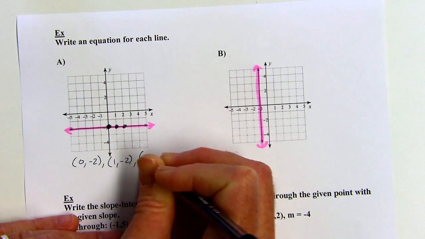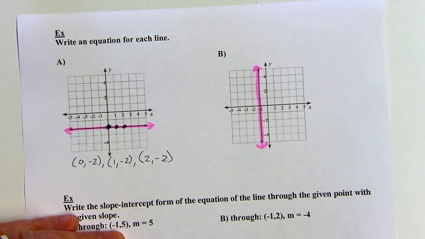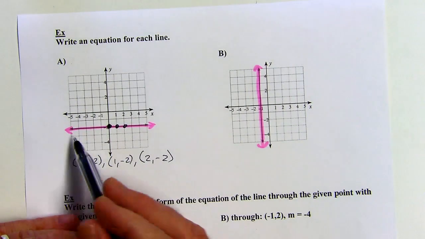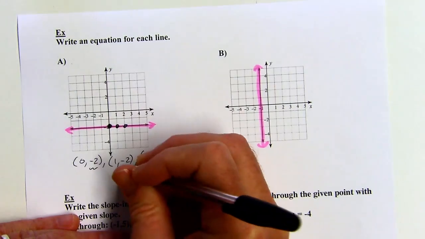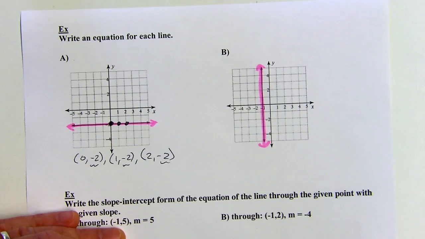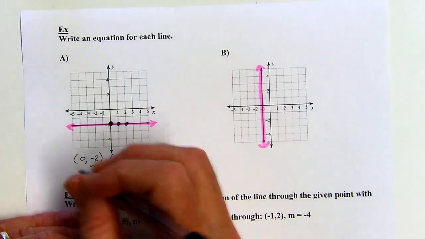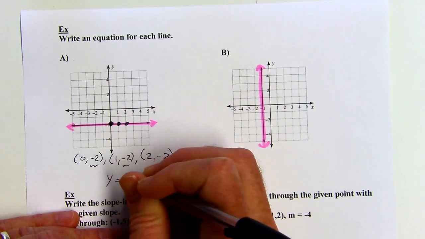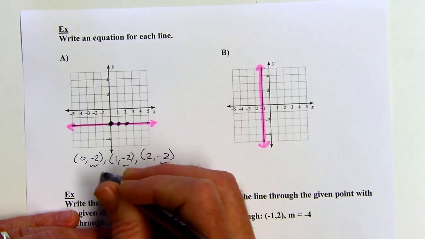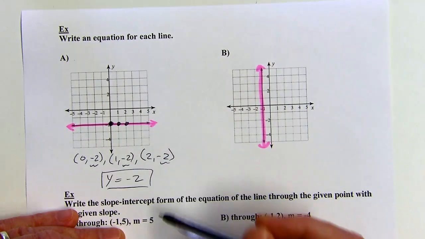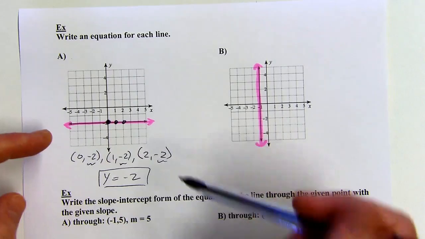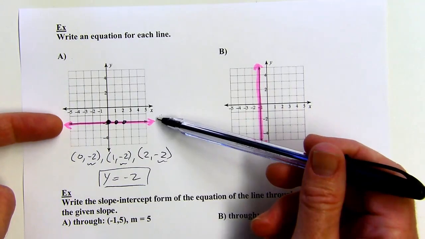I've got 2, -2. And then when you look at what all these points have in common, and any point on this line would have in common, the y's equal -2. Okay? And that means this is the equation y equals -2. Any point on that line has a y coordinate of -2. A lot of times I see people say, oh, this is x equals -2, but it's not.